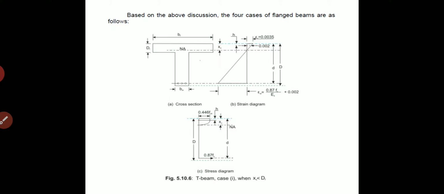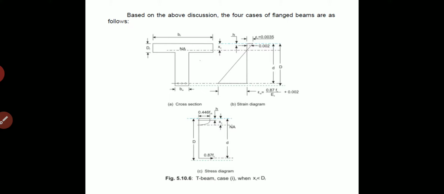Here in case 1, Xu is smaller than Df. In case 1, Xu is smaller than Df, meaning the depth of the neutral axis is smaller than the depth of flange.